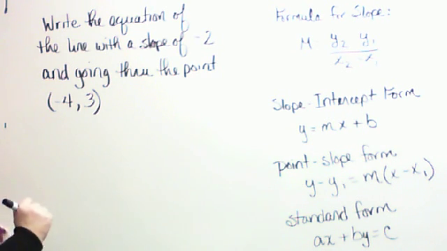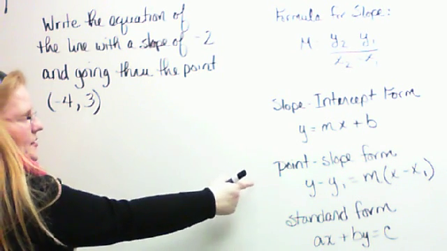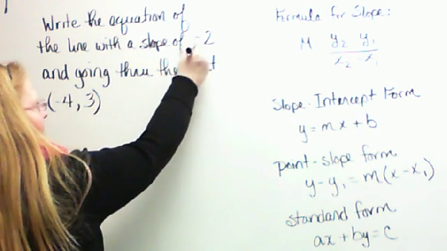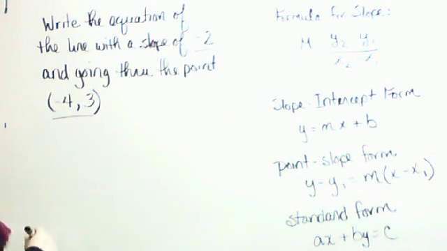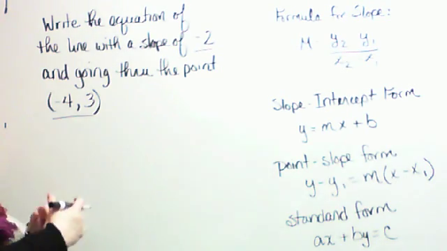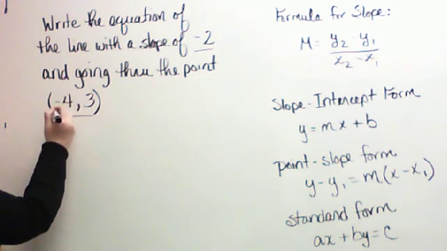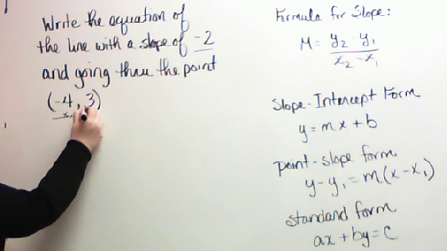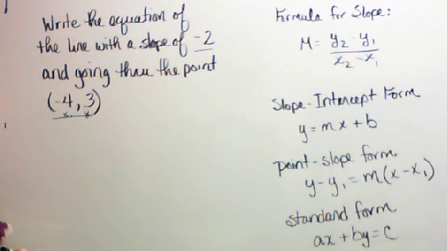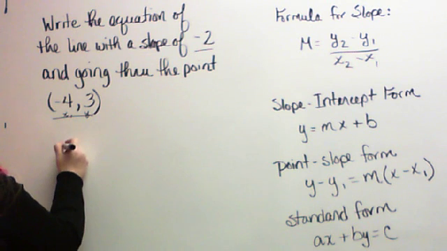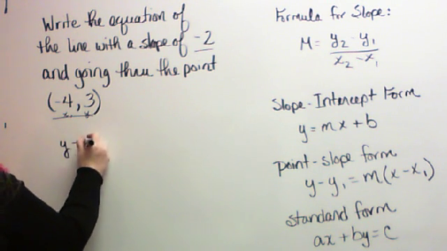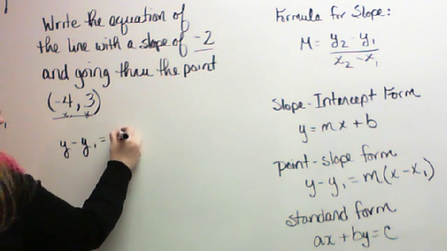Because it's point slope form, I chose to use that specific form because they gave me the slope and they gave me a point already. And the form itself tells me where to put stuff. Because we know that this is our first point, this must be our x1 and our y1. So when I go to plug stuff in, I start by writing my formula so I can memorize it.